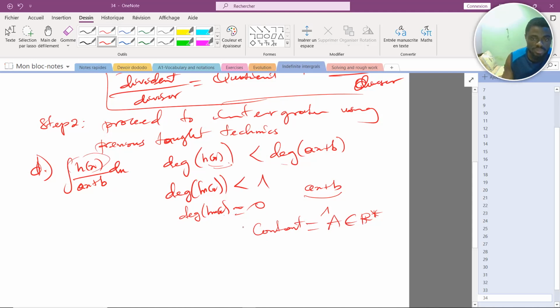Now, if this term is a constant, it means that this is identical to integrating what? A, big A, all over ax plus b dx. And basically we know how to integrate it.